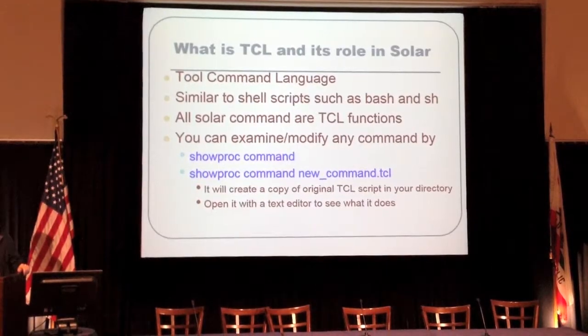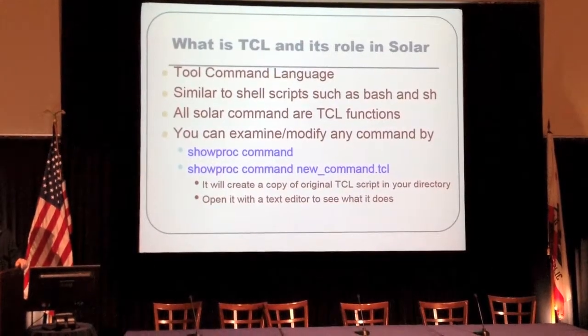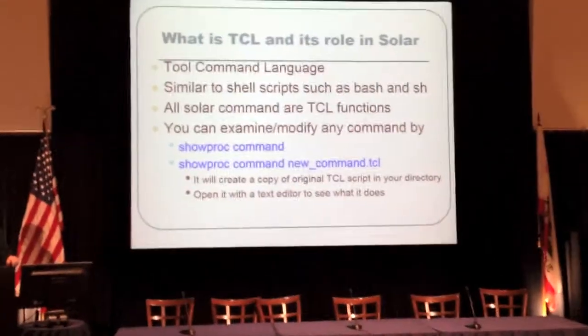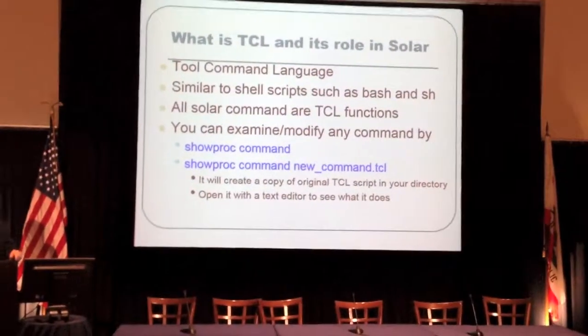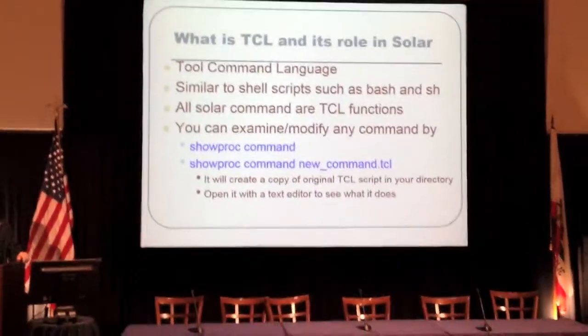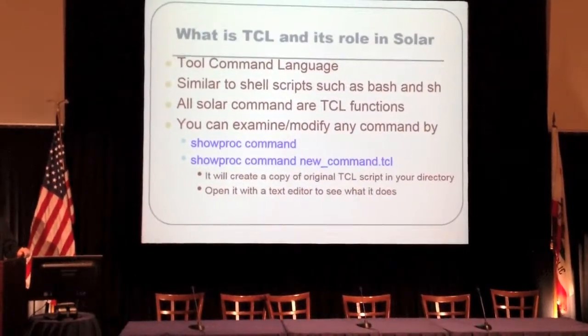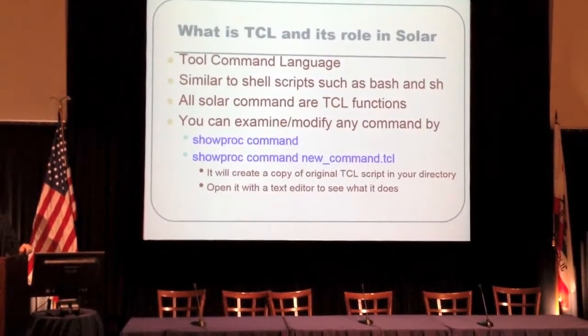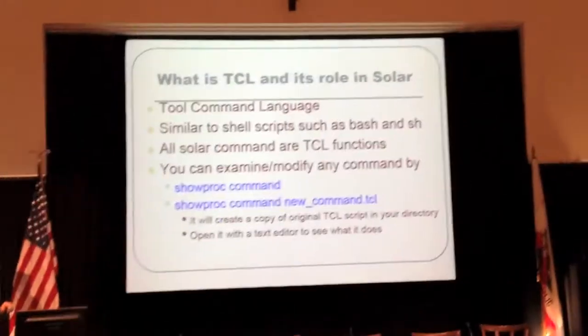It stands for Tool Command Language. It's very similar to shell scripts such as bash and sh, albeit it's a properly vetted programming language. And all SOLAR commands are TCL functions.